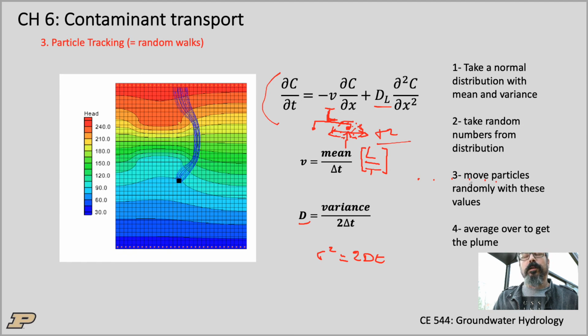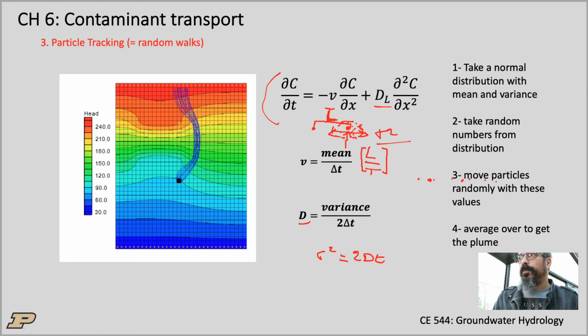Now, the problem with dispersion is that it adds random velocities around the velocity, and that's what you do here. Instead of having just the mean, we can take random numbers around that mean. So maybe this particle, instead of moving 10 centimeters, moved 8 in the first step, because randomly you got a little before the mean. But maybe on the next step, it moved 20 centimeters, and now it's here.